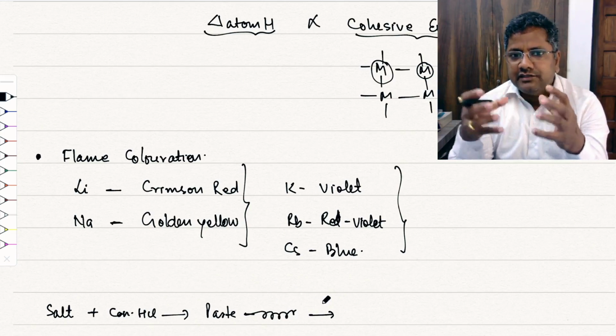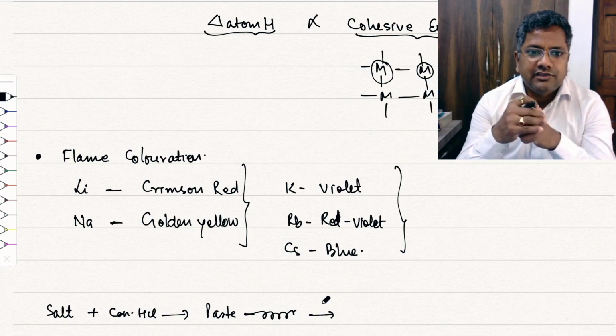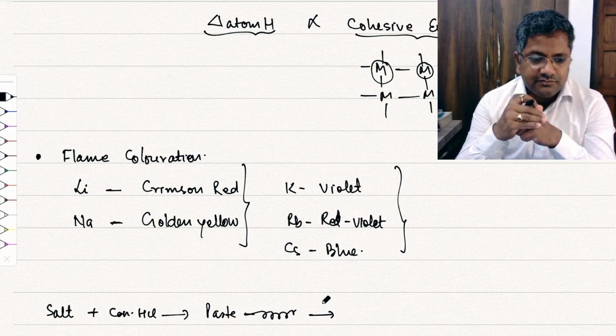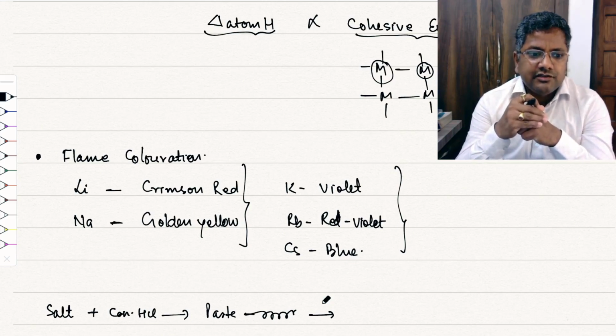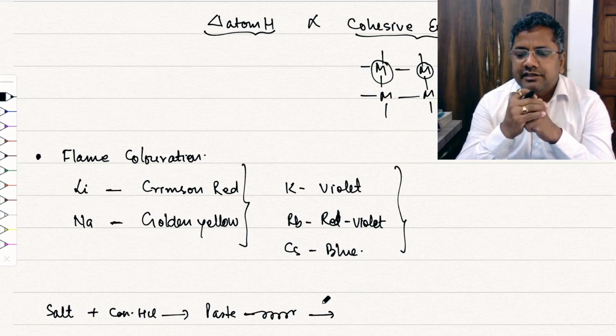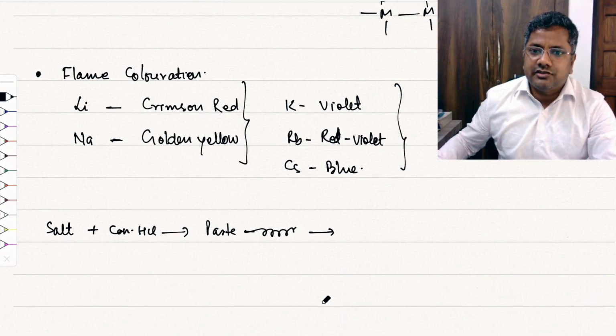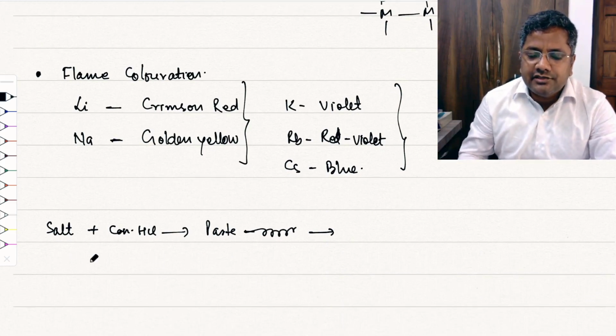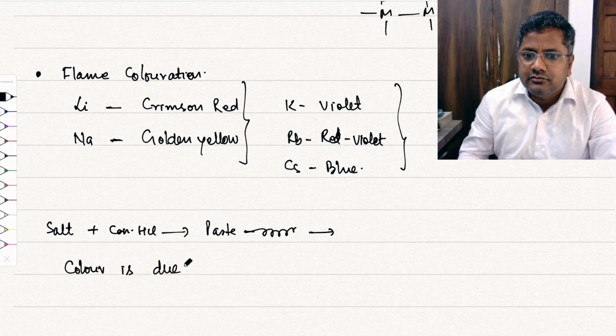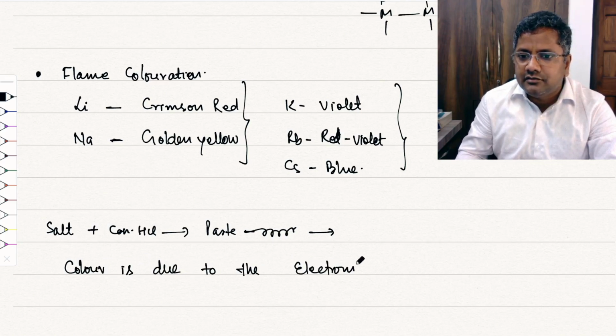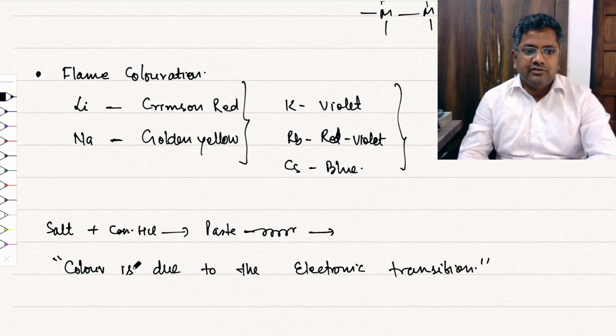So this flame color is due to the electronic transition. Whatever color we are observing is due to the electronic transition.